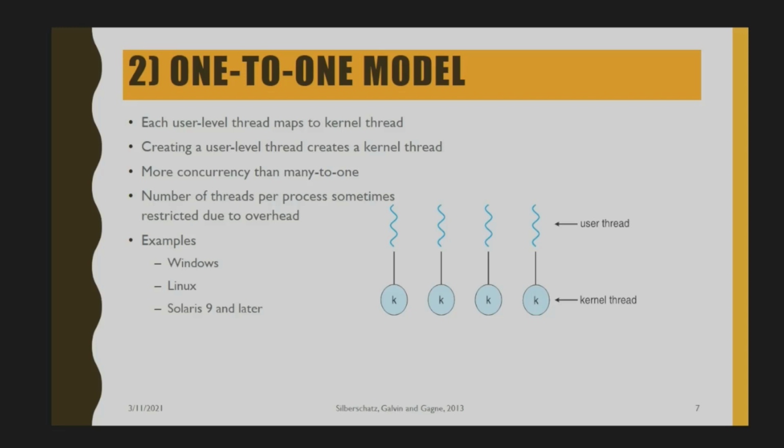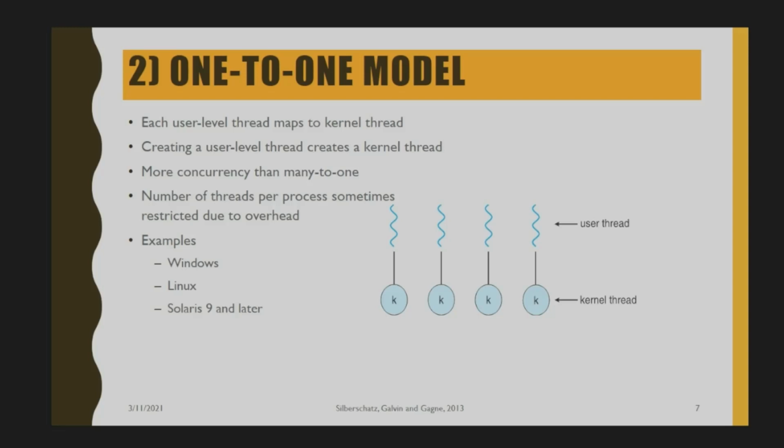Each user thread here maps to a single kernel thread. So creating a user level thread creates a kernel thread. When we create a user level thread, at the same time it also creates a kernel thread.